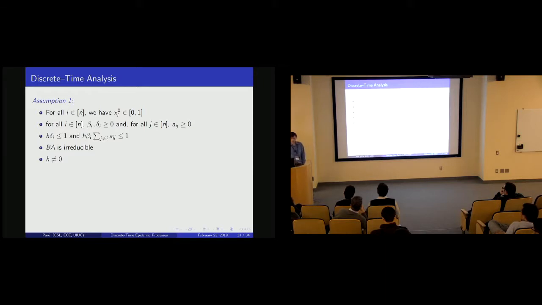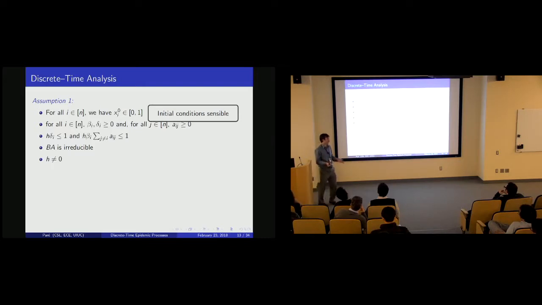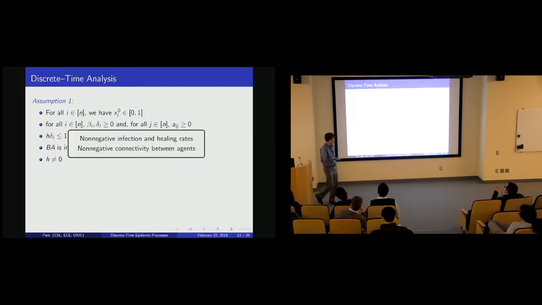So we're going to make some assumptions on the model, the top ones to make it well-defined, and the bottom one to make the analysis pretty. So the initial conditions are sensible. We're saying that our states are between 0 and 1, where our probabilities or our proportions are sensible.